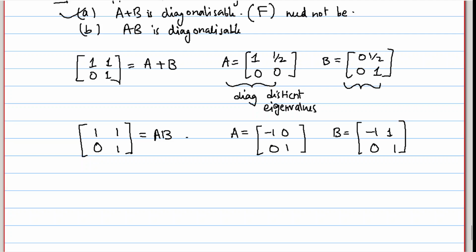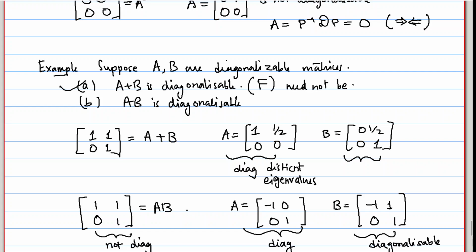What do we have in this case? This one is not diagonalizable. But individually, these are diagonalizable. This is diagonalizable, this is also diagonalizable. So again, this is also false. Need not be. This is done.